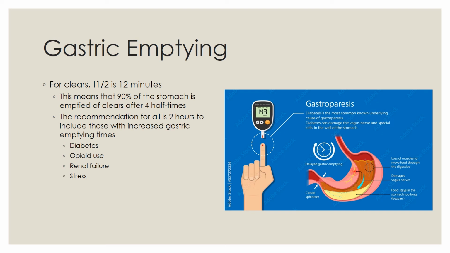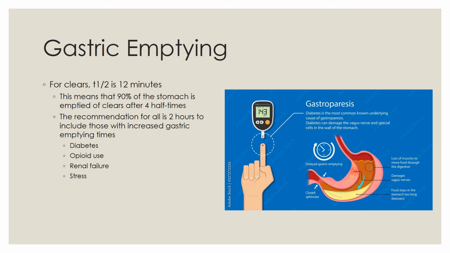This is so that all patients are included, even people with slowed gastric emptying time. So people with diabetes, people who use chronic opioids, people in renal failure, and stress can slow gastric emptying as well, which really would encompass most of our patients.